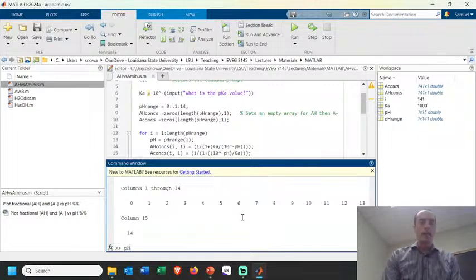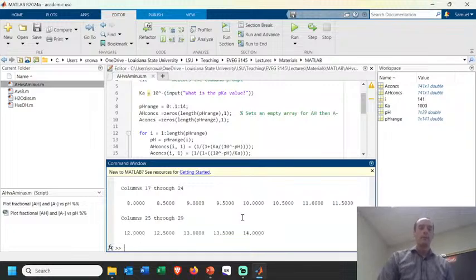But I could say pH is equal to 0 to 14, add another little semicolon here and say by every 0.5, and that's going to give me every half. Now that's just a little piece of syntax, how you make an array.